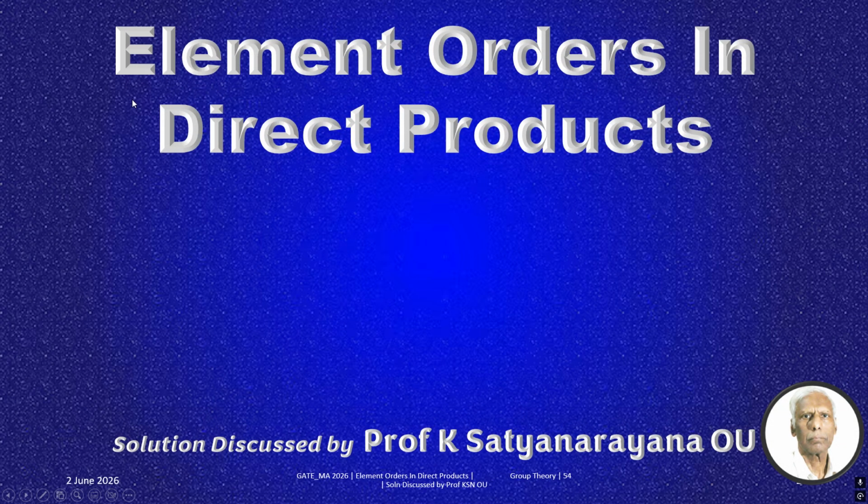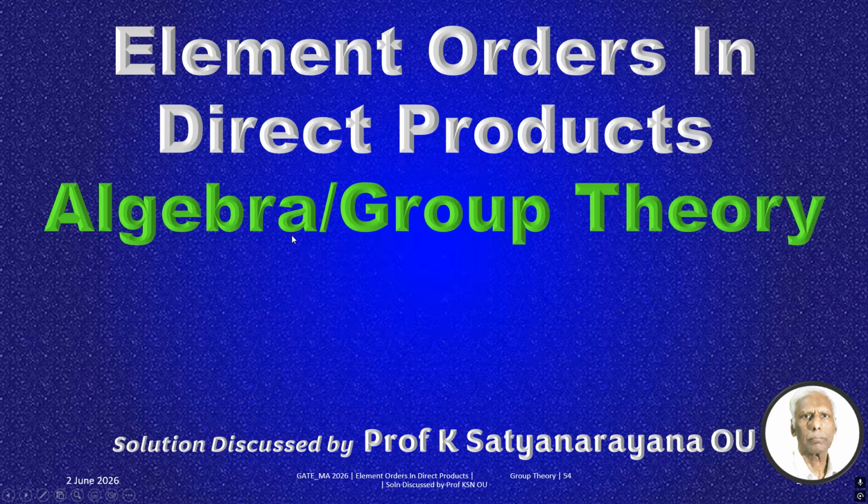In this video, we discuss the solution of a problem entitled Element Orders in Direct Products, that is, the orders of elements in the direct product of two given groups. This problem is from the section Algebra, in particular from group theory.